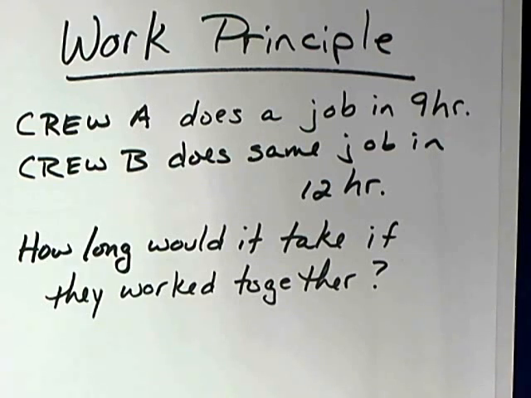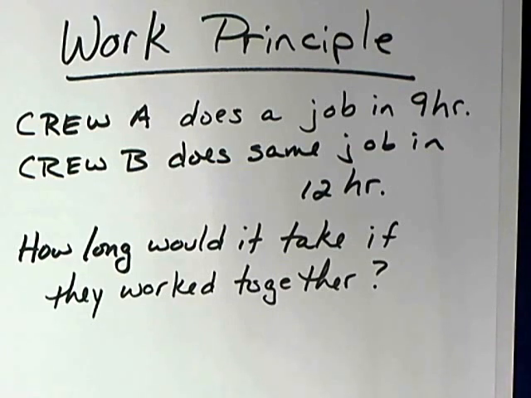If it only took them 9 hours without any help, I would think that with help, it would be faster. Oh, yeah, that kind of makes sense. So the work principle will help us solve this, and our time better be less than 9 hours. Otherwise, crew B is not helping us at all.